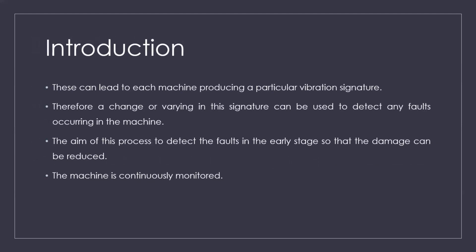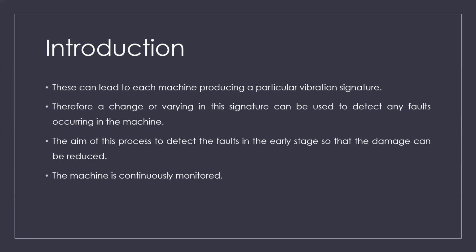This leads to each machine producing a particular, significant vibration signature. Therefore, a change in the signature tells us that there is a fault or damage in the machine. This can be used to detect any faults occurring in the machine.